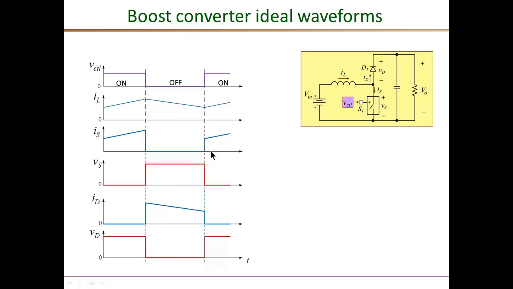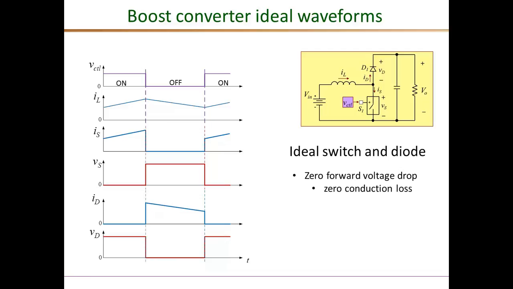These waveforms have been drawn corresponding to an ideal switch as well as an ideal diode. The assumptions here are that an ideal switch and diode entail 0 forward voltage drop when the device is conducting. So that will be this duration for the switch and this duration for the diode, and therefore an ideal switch corresponds to 0 conduction loss.